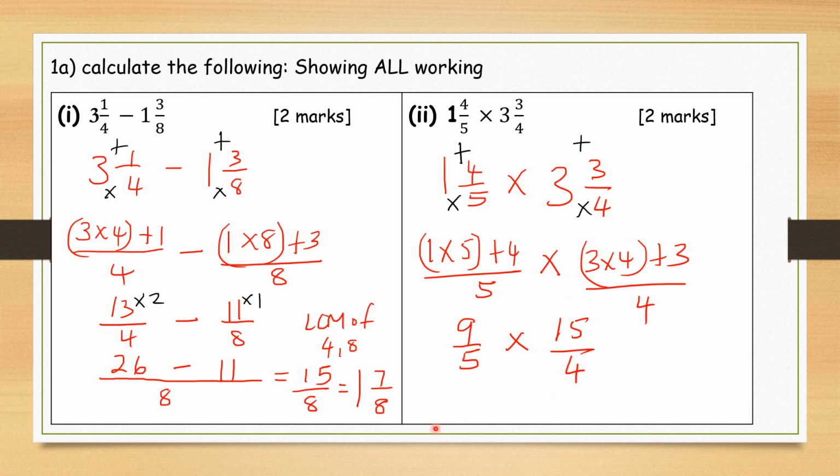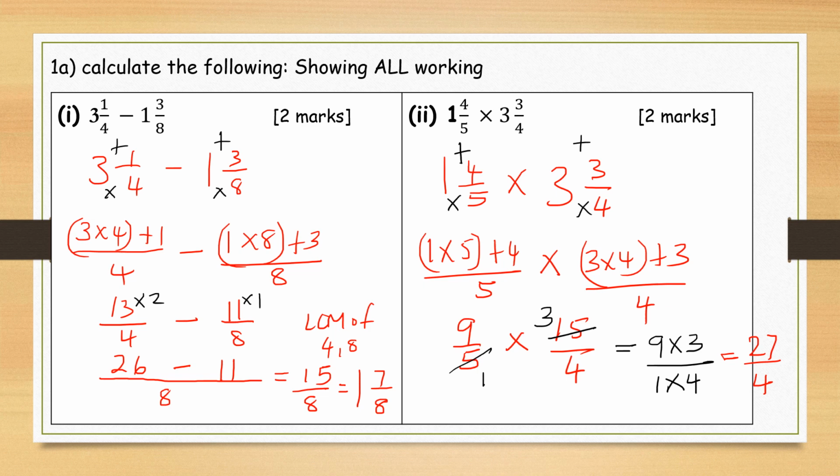We cannot go across. So here we're going to cancel. We recognize 5 into 5 is 1, 5 into 15 is 3. Nothing else can cancel, so we just multiply. So that's 9 times 3 over 1 times 4. And that is going to give us 27 over 4.